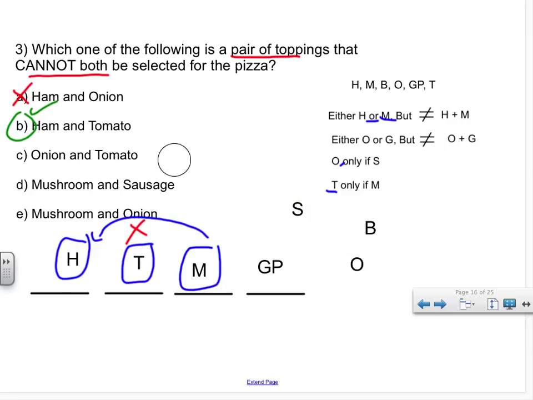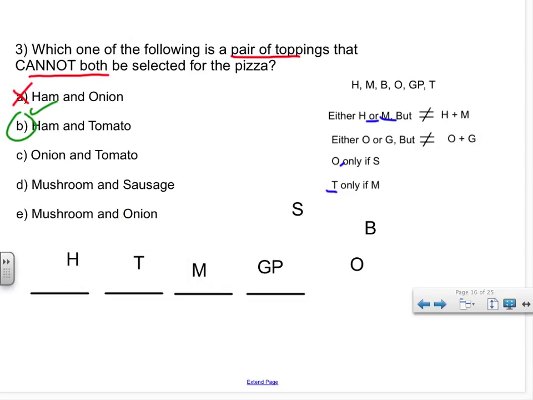Let's just try, for argument's sake, the other three. So C is onion and tomato. So we have onion and tomato. I know if T appears, M needs to appear.